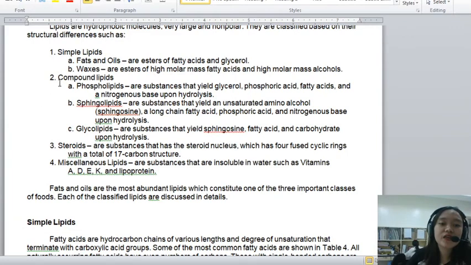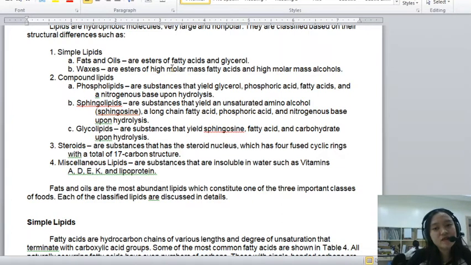Next, second classification, compound lipids. You have three types of compound lipids: phospholipids, sphingolipids, and glycolipids. Your phospholipids are substances that yield glycerol, phosphoric acid, fatty acid, and nitrogenous base upon hydrolysis. So again, what is hydrolysis?